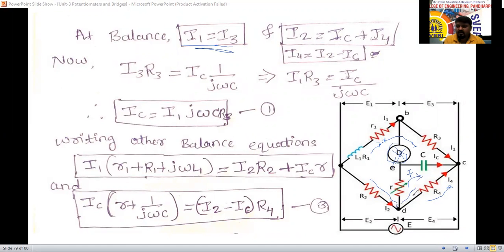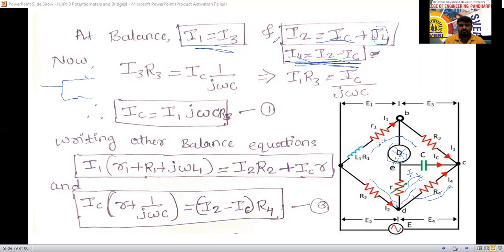Will you understand? Now there is one current, I2. After some time, some current will flow through the capacitance and some current will flow through R4. So I2 equals IC plus I4, that we have written here. From this, we can write I4 equals I2 minus IC. It will help in the later equations. For that reason, we have derived it here.